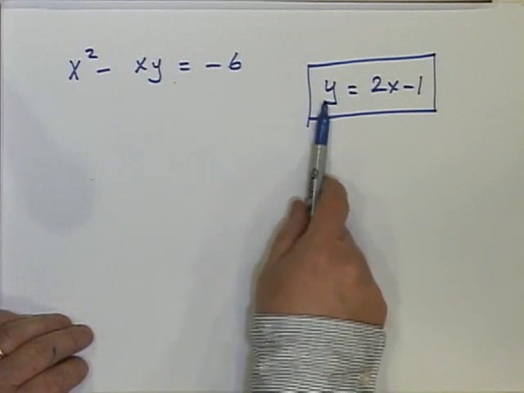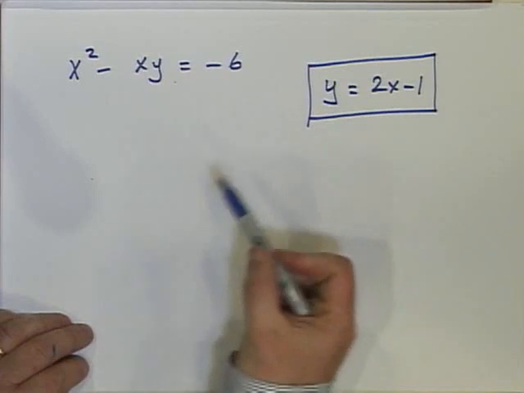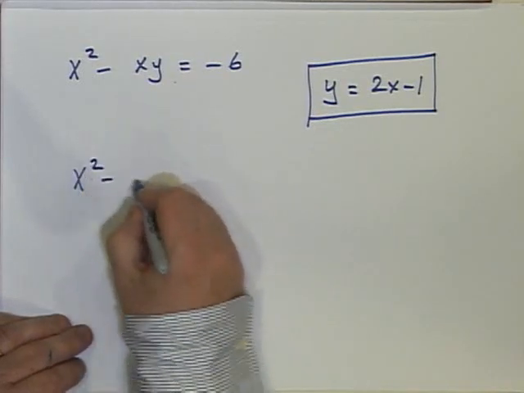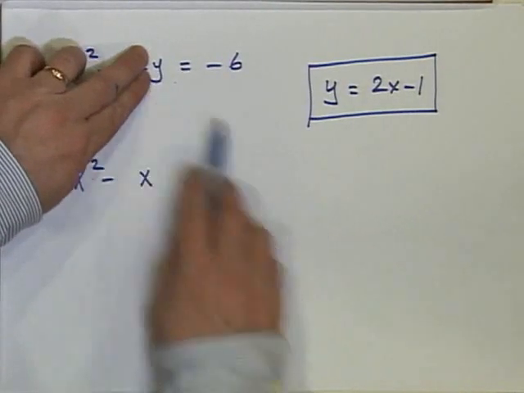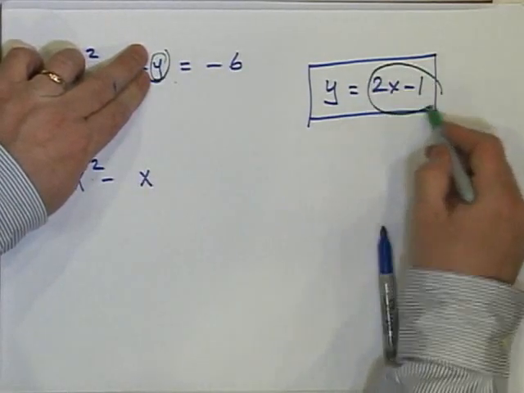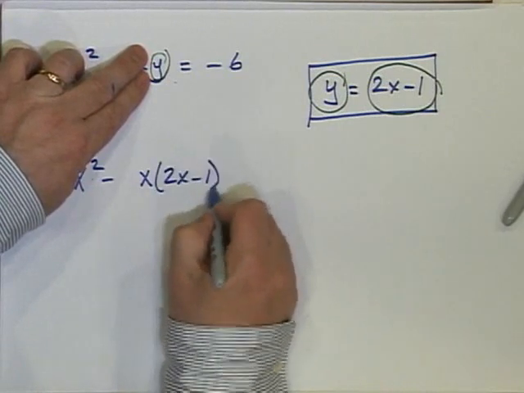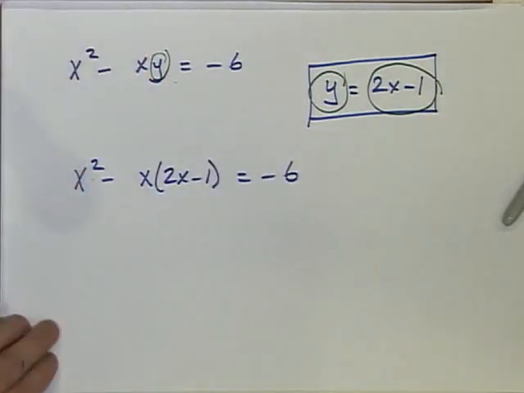But I can get rid of the y now by calling in the x's here. So I could say x squared minus x, and instead of putting in that y, I could substitute this here. So 2x minus 1 equals minus 6.